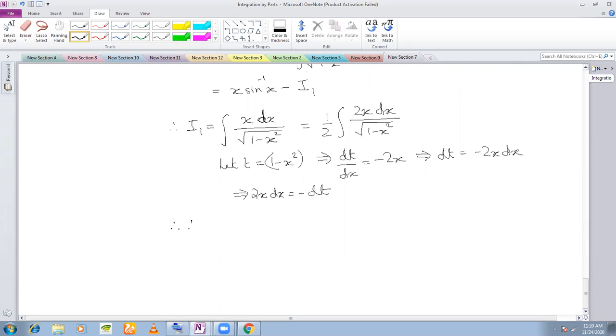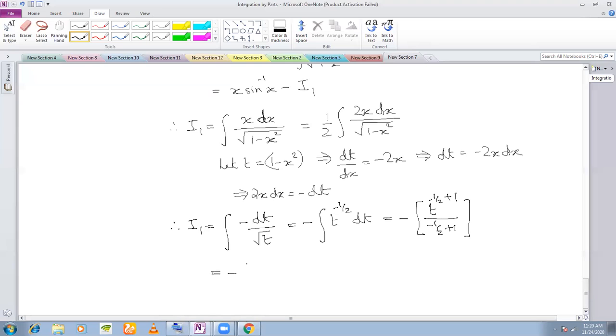Therefore, I1 is equal to integral 2x dx, which is minus dt, so you put minus dt, and you have taken 1 minus x square as t, so this becomes root t. So this becomes minus integral t to the power of minus half dt, which is minus t to the power of minus half plus 1 by minus half plus 1.